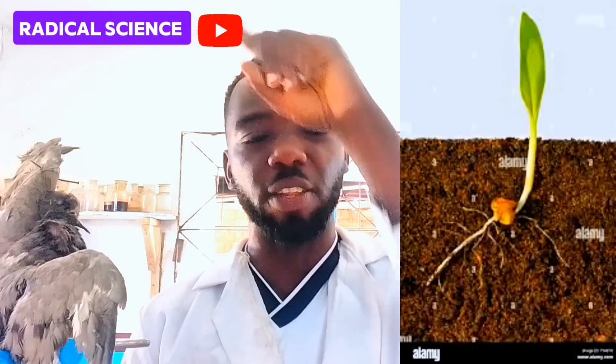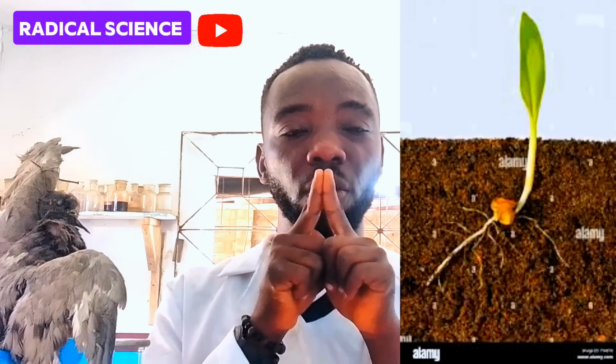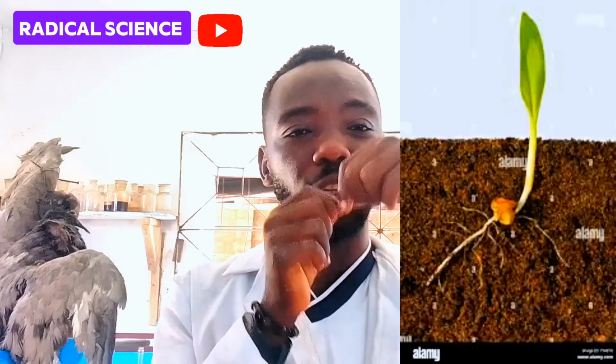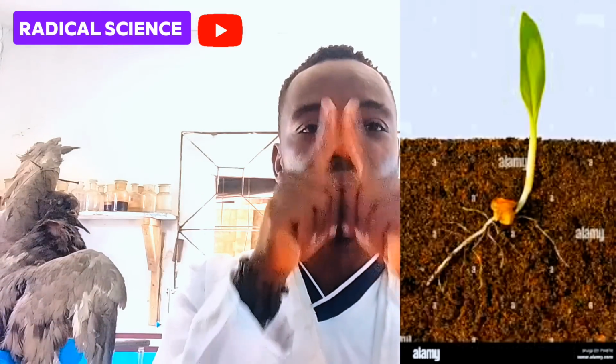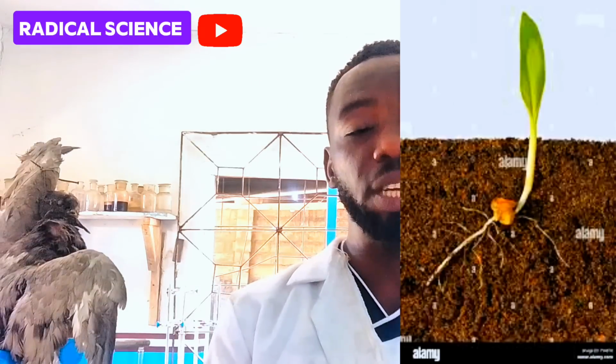Whereas a dicotyledon comes in this form when it germinates. After some days, it spreads like this. Another two come up, and after some days it spreads like this. That is how it continues. So for the Guinea corn, from our experiment, we identified that it is a monocotyledon because it only has one seed leaf. Teachers watching me on this channel, I want you to take note of that. Make sure you carry out the practical if you are not still convinced.